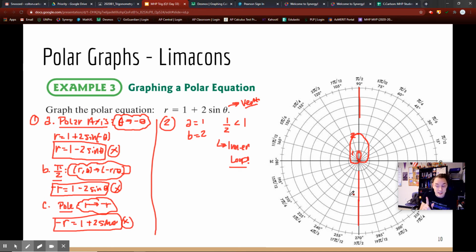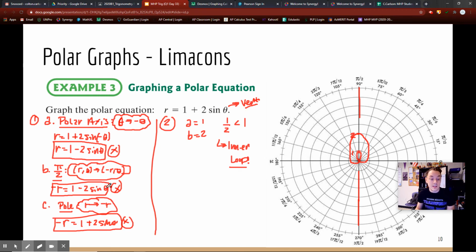Yes, it is. However, you may be thinking, well, but we said it's not symmetrical to my line. No, we said it fails the test. And if it fails the test, it may or may not be symmetrical to that. So that means it could or could not be.